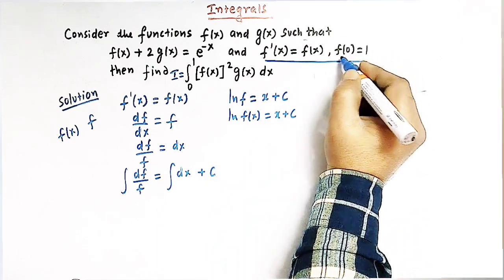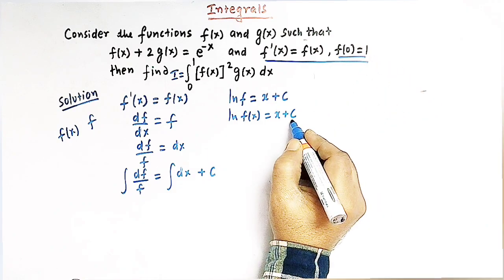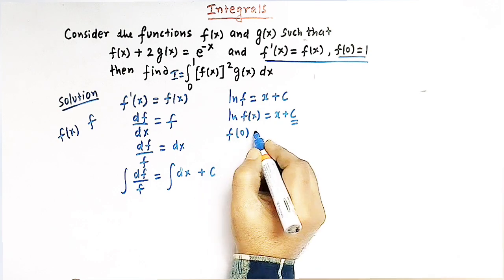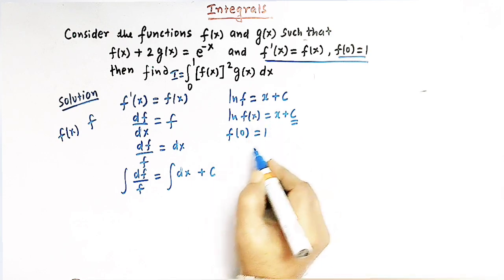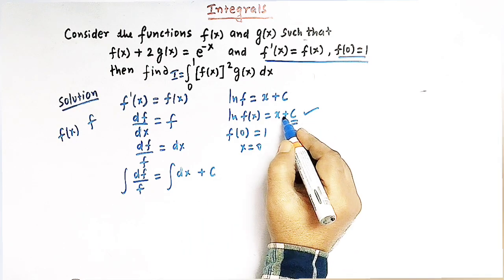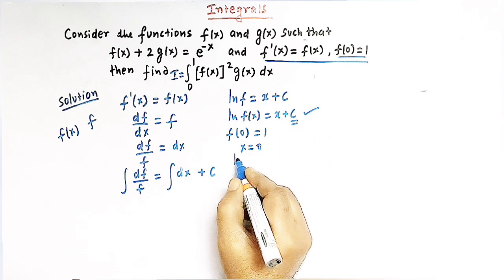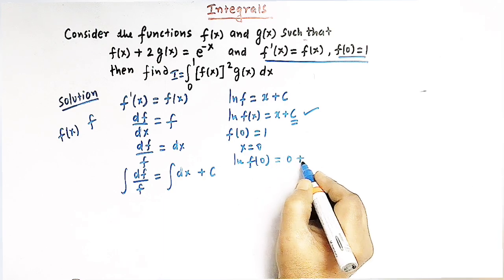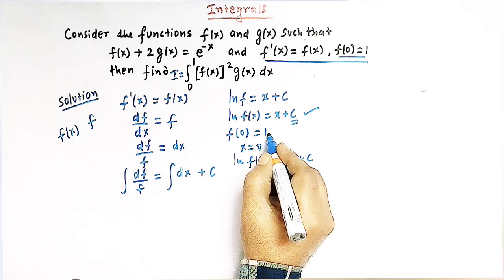So now let us use this condition to find the value of this c, that is the constant of integration. So we have f of 0 is equal to 1. So let us take x equal to 0 in this equation. So we have natural log of f of 0 is equal to 0 plus c, and f of 0 is 1.